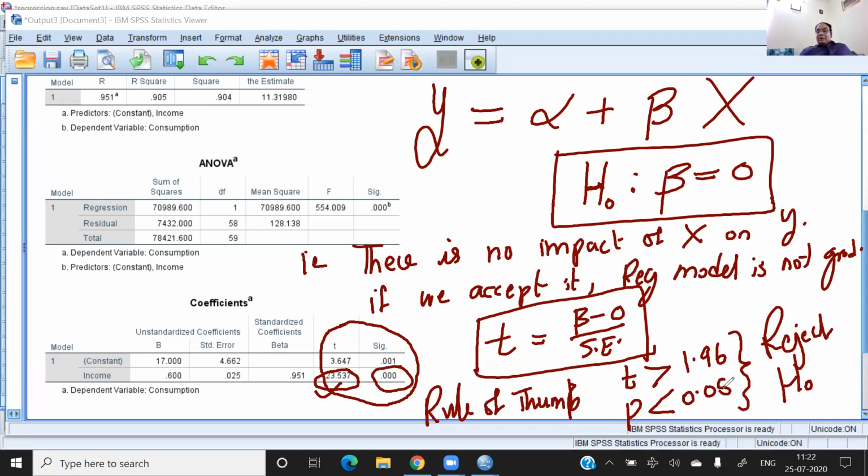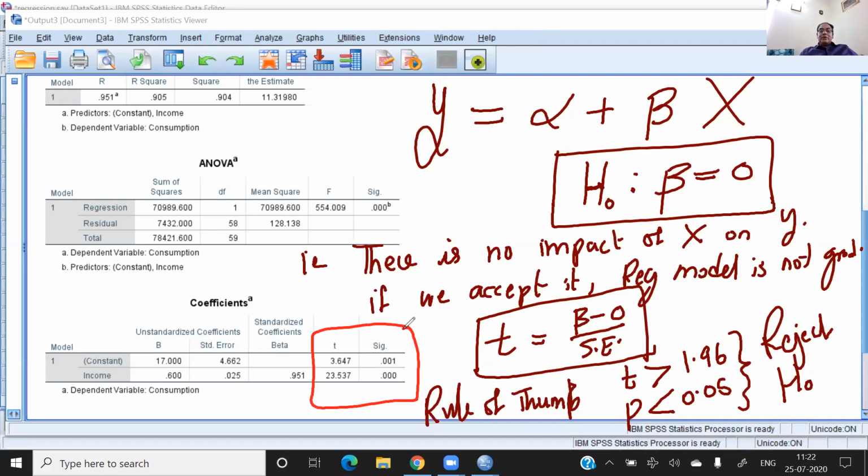So this is the meaning of t statistic and this p value. This is a very important part, because whenever you analyze the regression model, you have to check what the p value is and what the t value is.